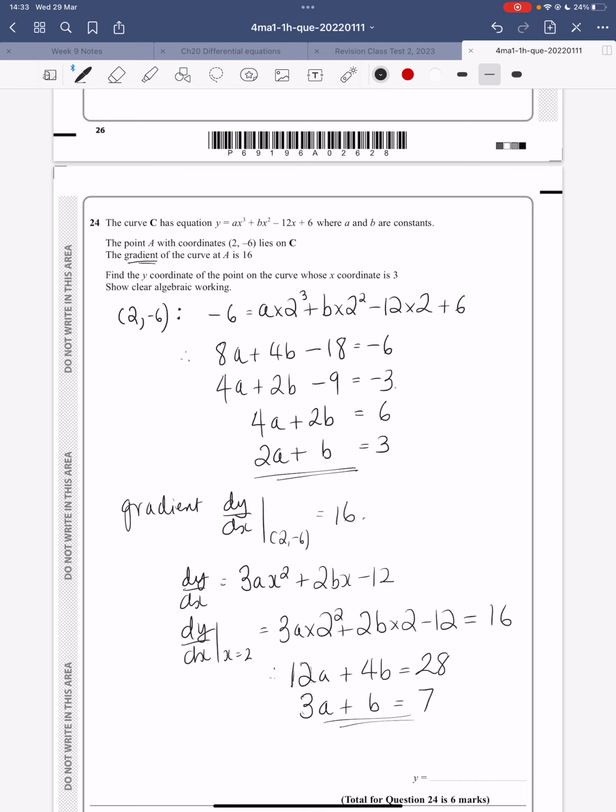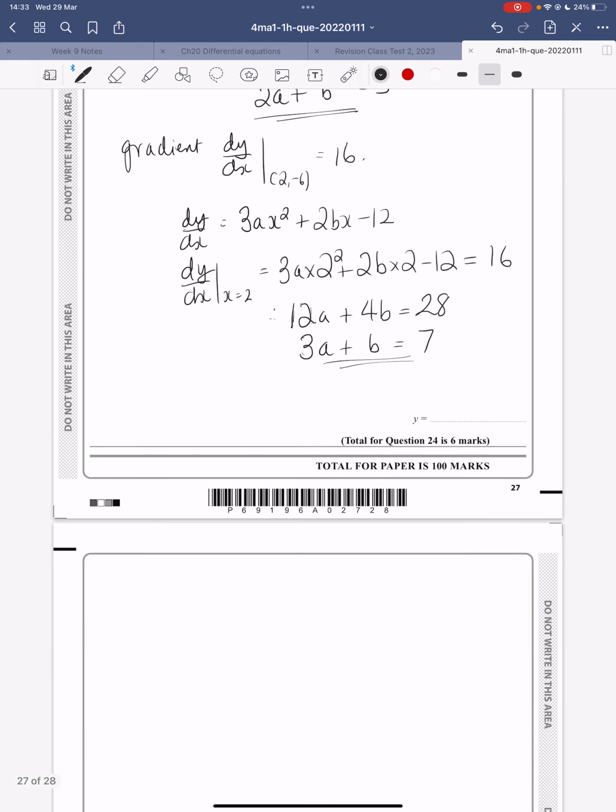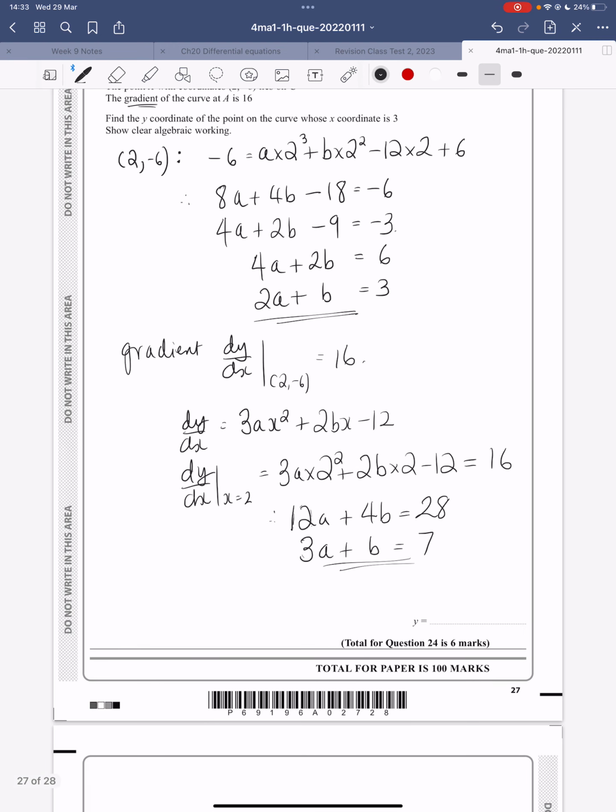So simultaneous equations. Call that equation 1, that equation 2. I'm going to do 2 take away 1, because that's going to get rid of the b's. So 3a take away 2a is a, b take away b is nothing, 7 take away 3 is 4.